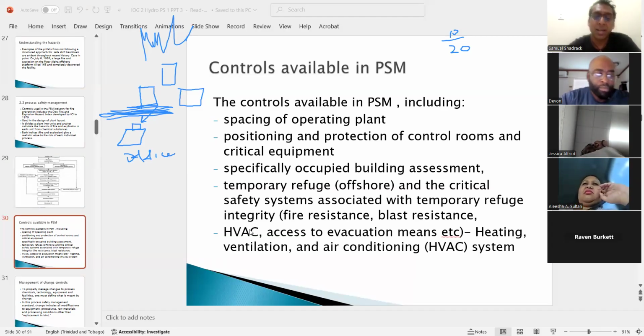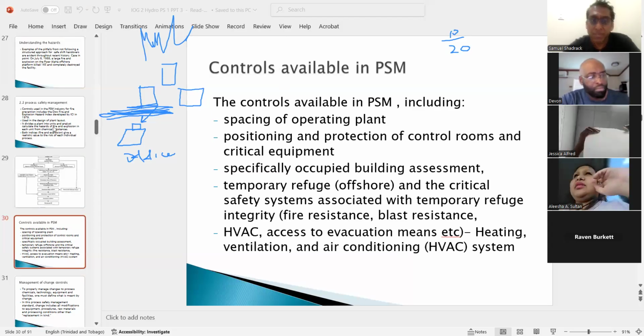HVAC systems, access to evacuation means: heating, ventilation, and air conditioning system. I suppose that could be a control, right? Or maybe the placement of those as well, based on a fire or an explosion.